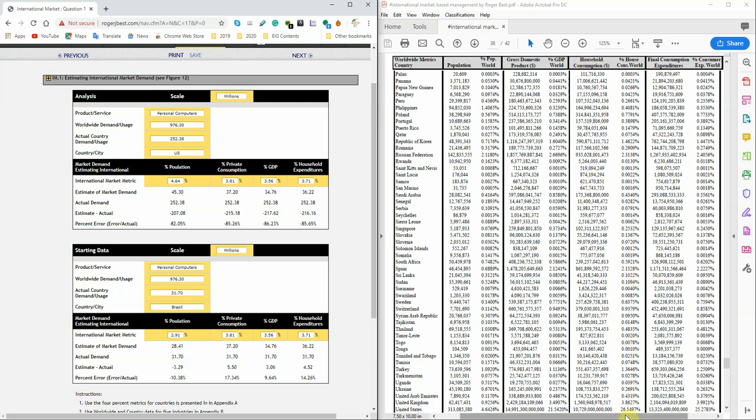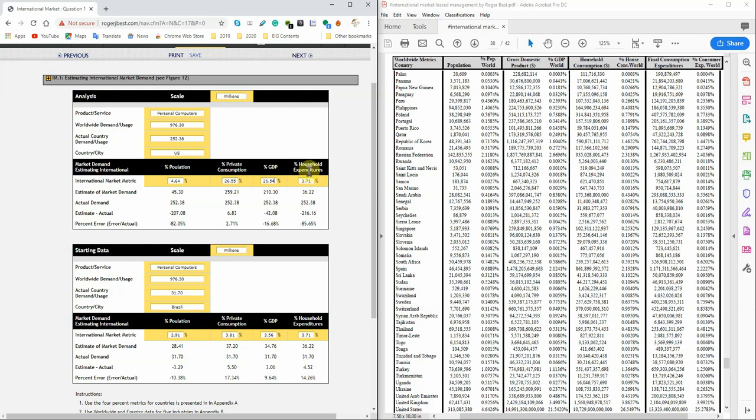It's 26.55. And percentage of GDP here, the second column, is 21.54.